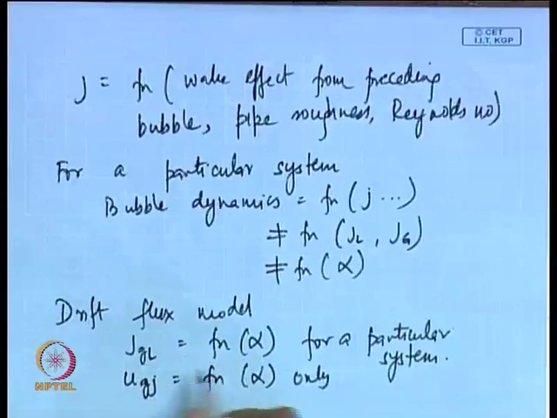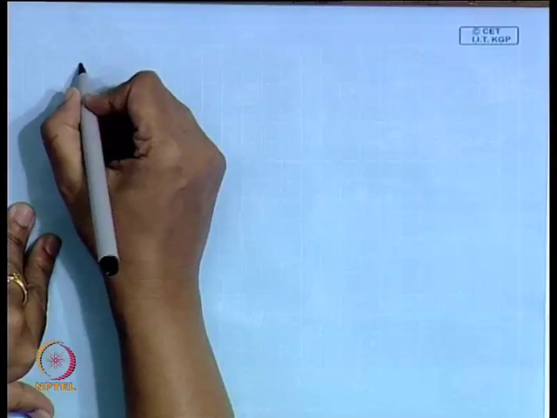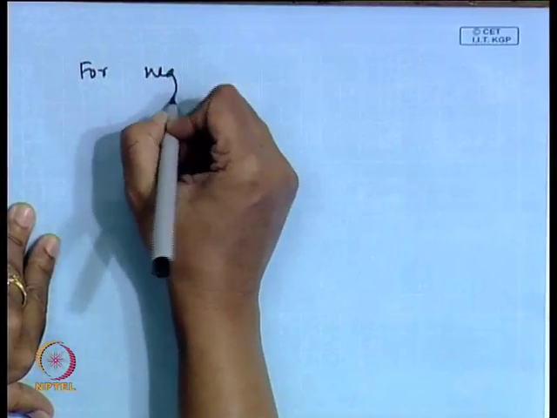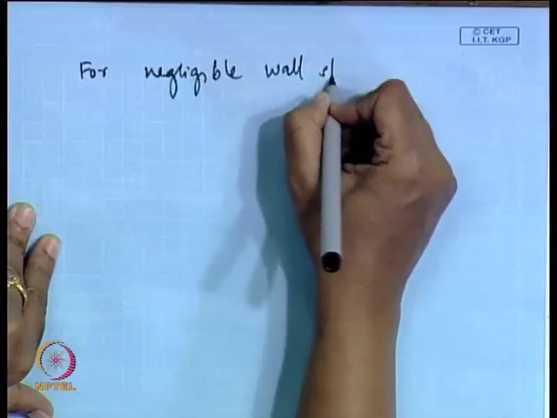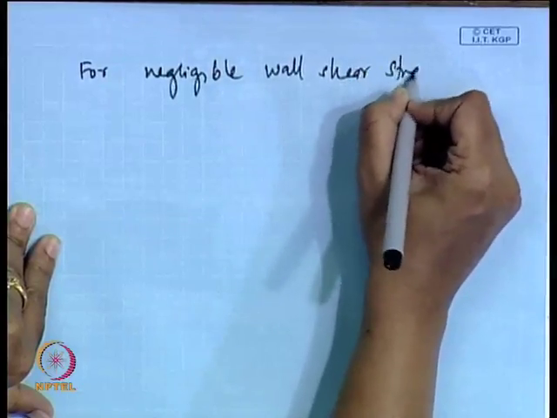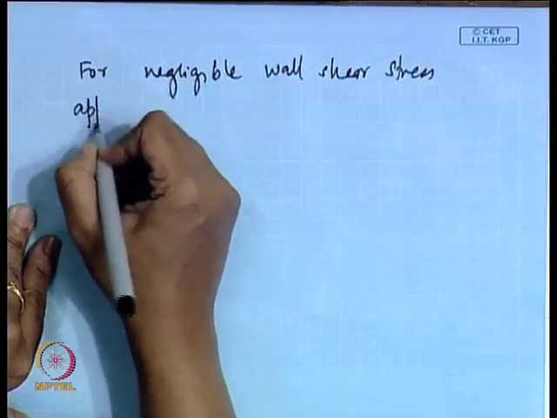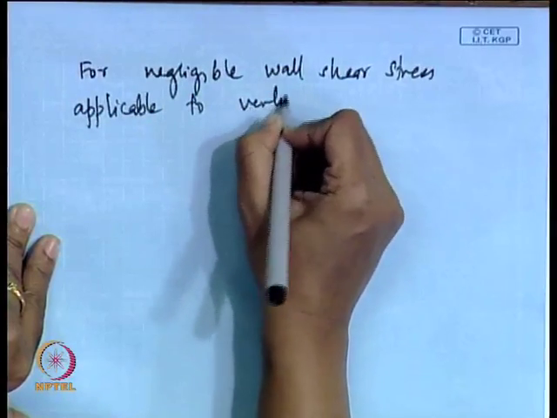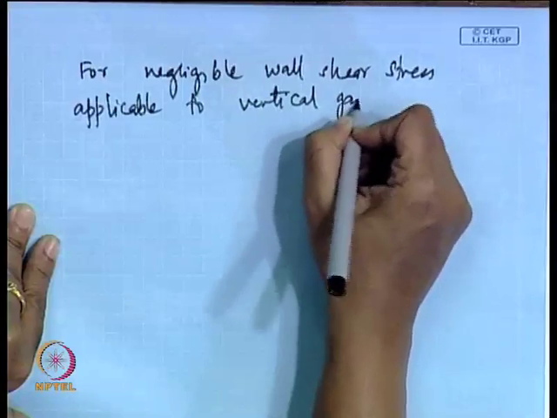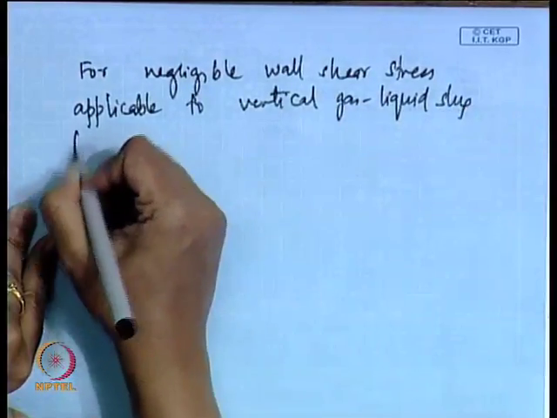Remember that this had come for negligible wall shear, applicable to vertical gas liquid slug flow. These are all with respect to gas liquid slug flow.